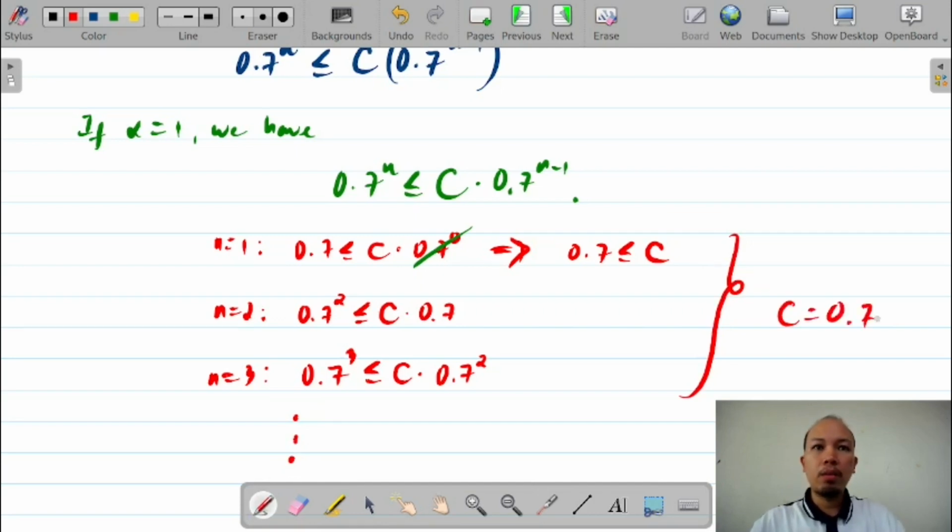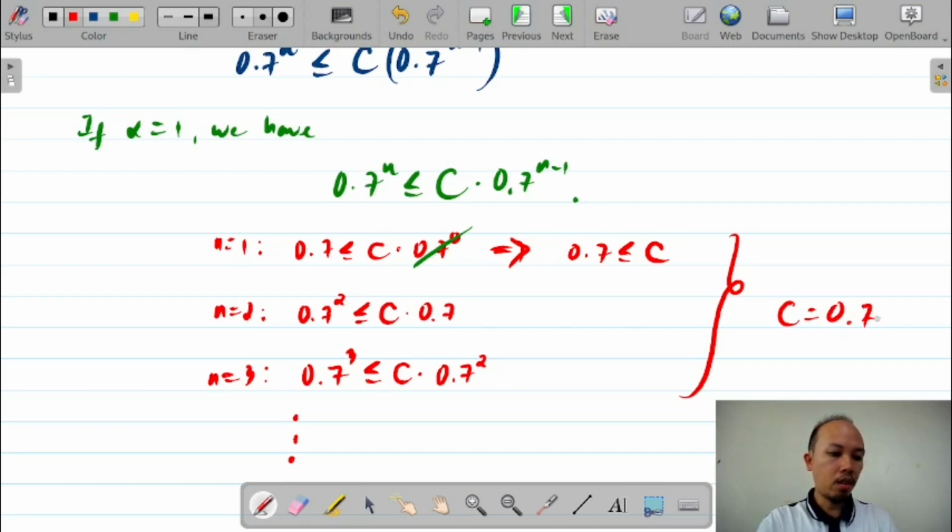But how about 0.8? 0.7 to the power of 3, the answer is 0.343.